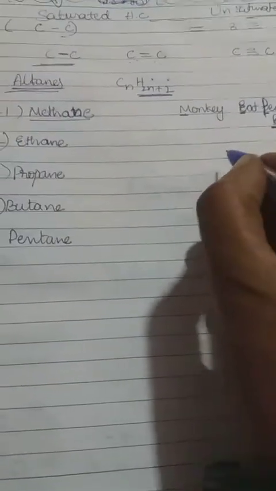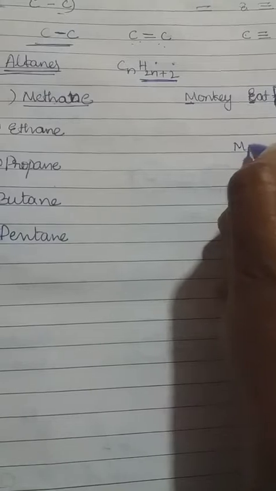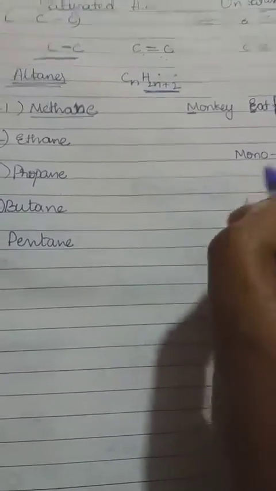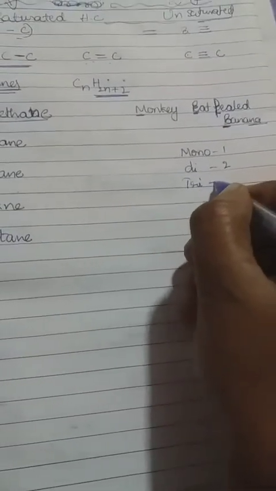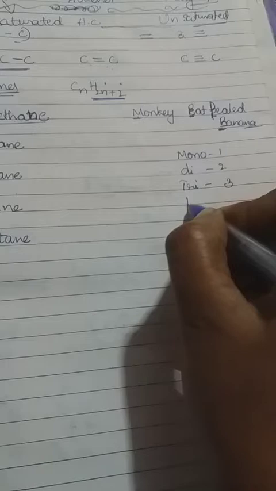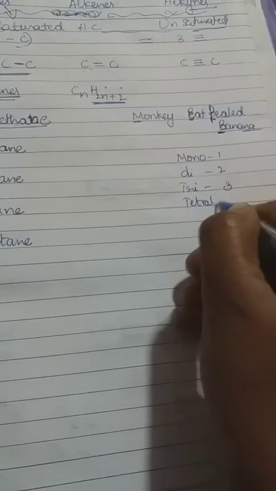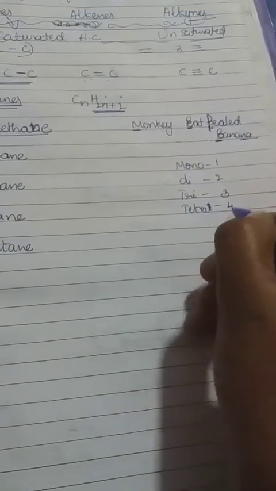Just like we have the numbers 1, 2, 3, 4, 5, we have the Greek numbers, and you have to get to know them.